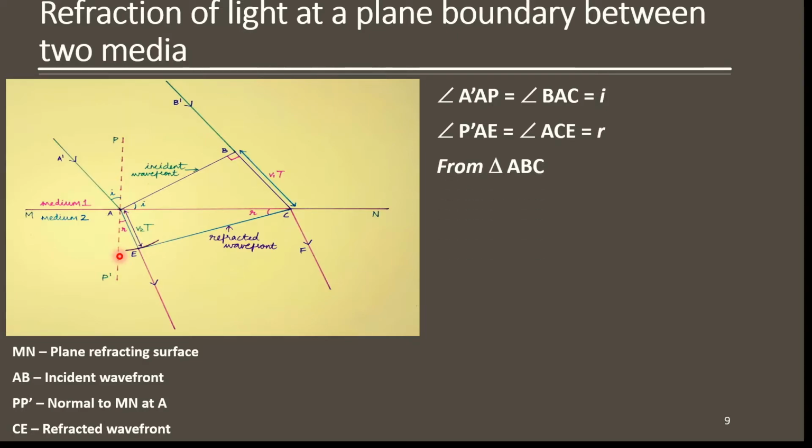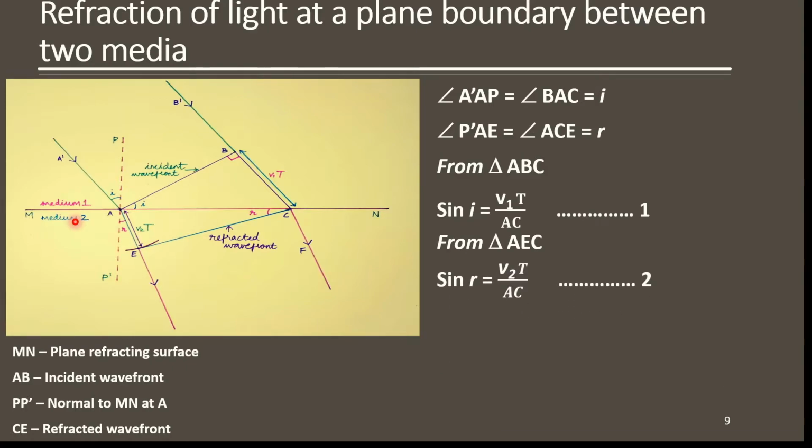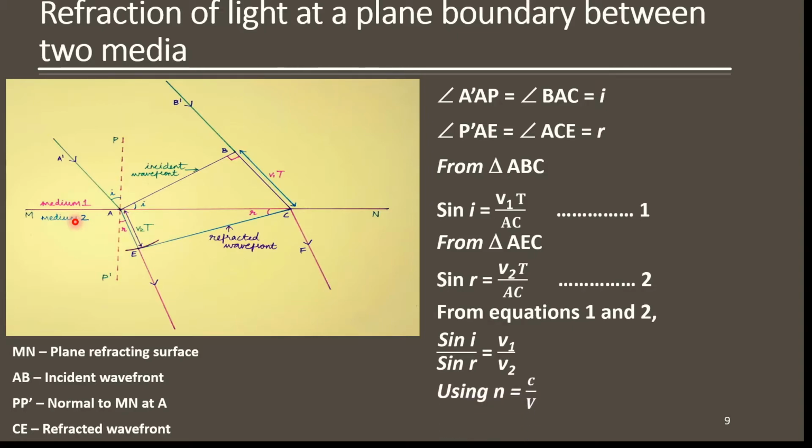From triangle ABC, sin i equals V1t upon AC. From triangle AEC, sin r equals V2t upon AC. From equations 1 and 2, sin i upon sin r equals V1 upon V2.